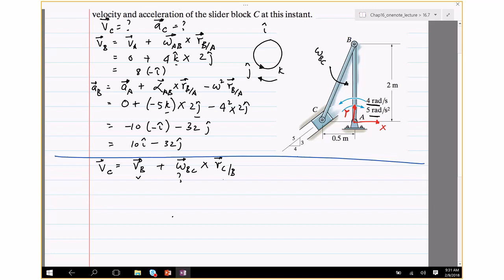Do we know the vector from B to C? Let's see, we're given this is 2, this is 0.5. I think we can find the magnitude for sure because this is 90 degrees. What about the direction of BC? Let's try to write this. Right, that's the magnitude. What about the direction?